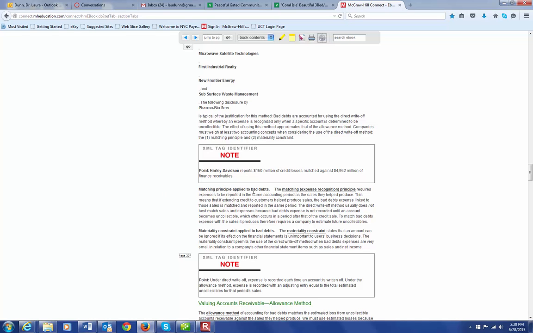Matching principle, when it's applied to bad debts, requires that your expenses be reported in the same accounting period, we've already talked about this in the past, as the sales that they help produce. So if you're extending credit in a particular accounting period, and you're making sales because people are buying things on credit, then it's possible and probably likely that at least some of those sales are going to end up being bad debts, but you don't necessarily know which ones.